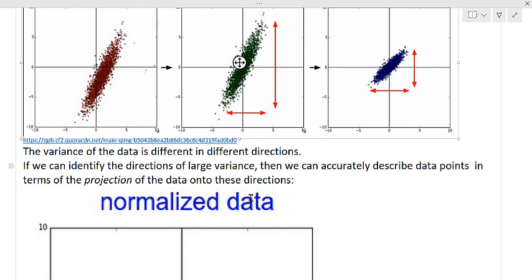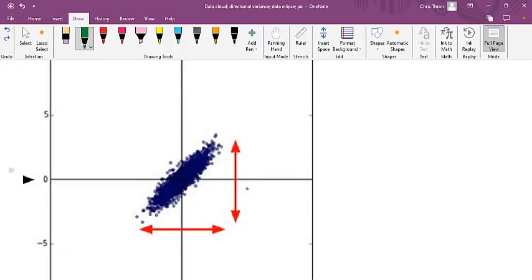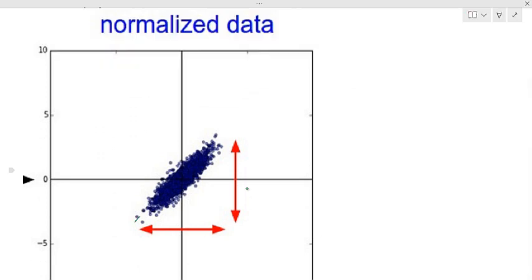So if we can identify the directions of large variance, then we can accurately describe data points in terms of the projection of the data onto those directions. Okay? So let me explain this statement. A direction of large variance would be this direction here.